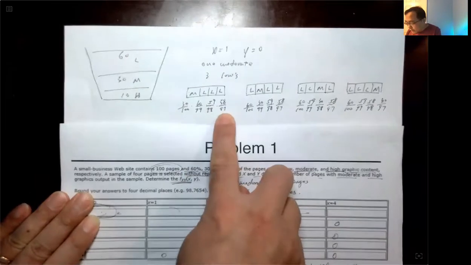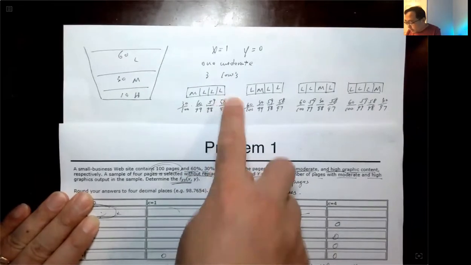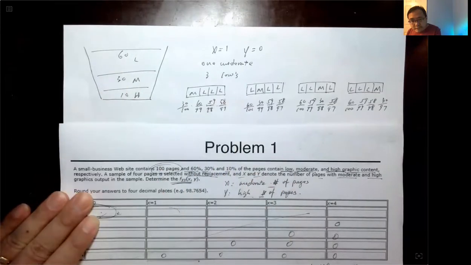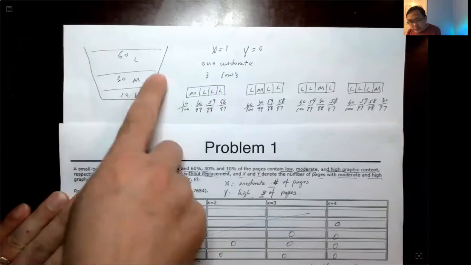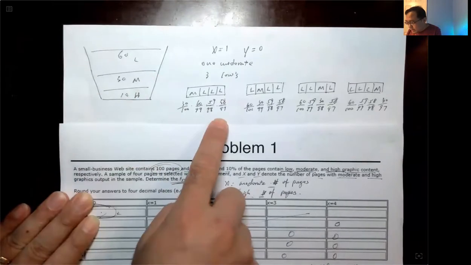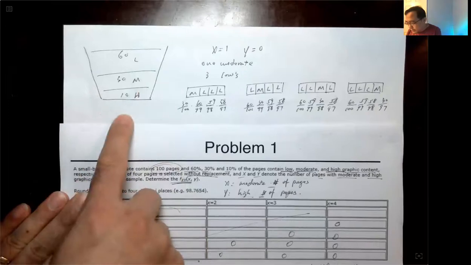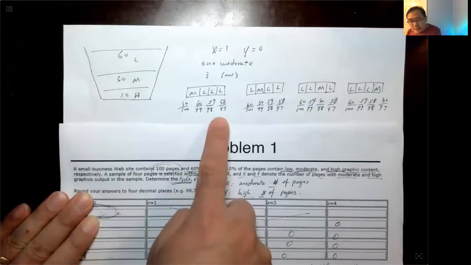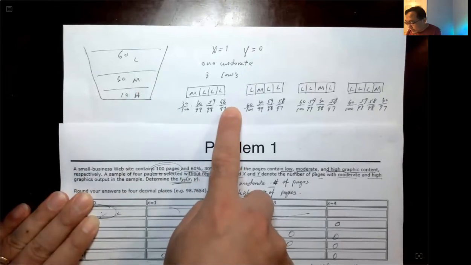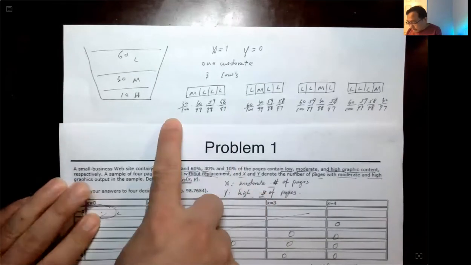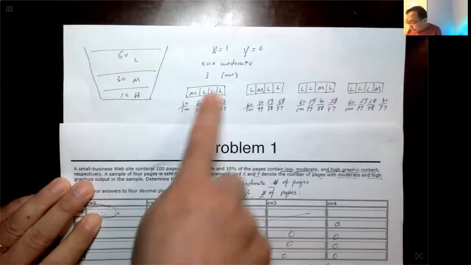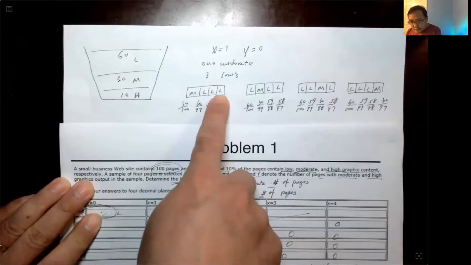And the last one is still an L ball. 58 L balls remaining in the urn, and the total number of balls remaining in the urn is 97. So it's 58 out of 97. And multiply them together, that will be the probability of this combination, right?